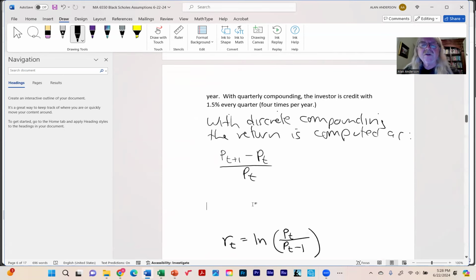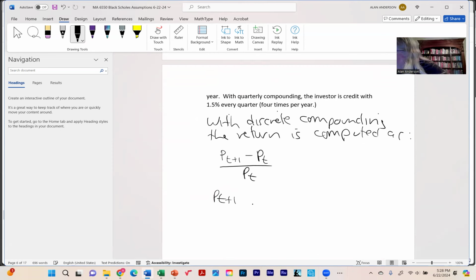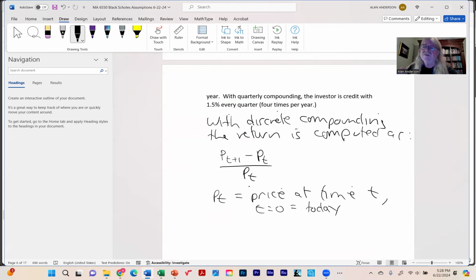Okay, so in other words, here we're using the convention P_{t+1}. Actually, I'll tell you what, let's start with t. P_t is the price at time t, where we usually let 0 represent today. So if I buy the stock right now today, I'll call that time 0 typically.